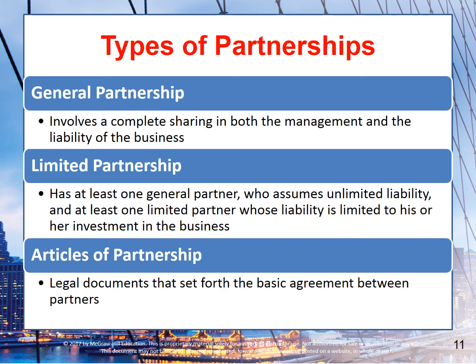We have several types of partnerships that we're looking at. A general partnership involves complete sharing in both management and the liability of the business. So everything is 50-50. A limited partnership has one general manager who assumes unlimited liability, and then at least one limited partner whose liability is limited to their investment in the business.